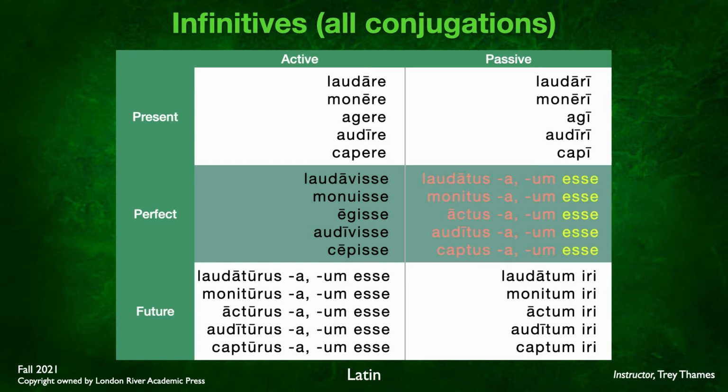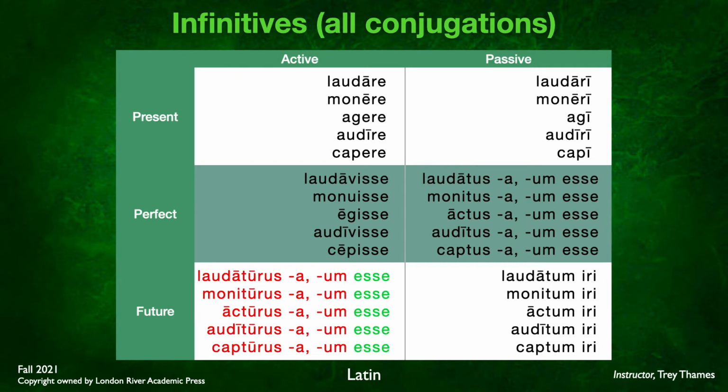This is the to be verb. And so we're going to add this infinitive, esse, to the fourth principal part, or the perfect passive participle. So you end up with laudātus esse, monitus esse, āctus esse, audītus esse, and captus esse. Note again, those are two separate words. They're not joined together. We'll talk about translation in just a minute.